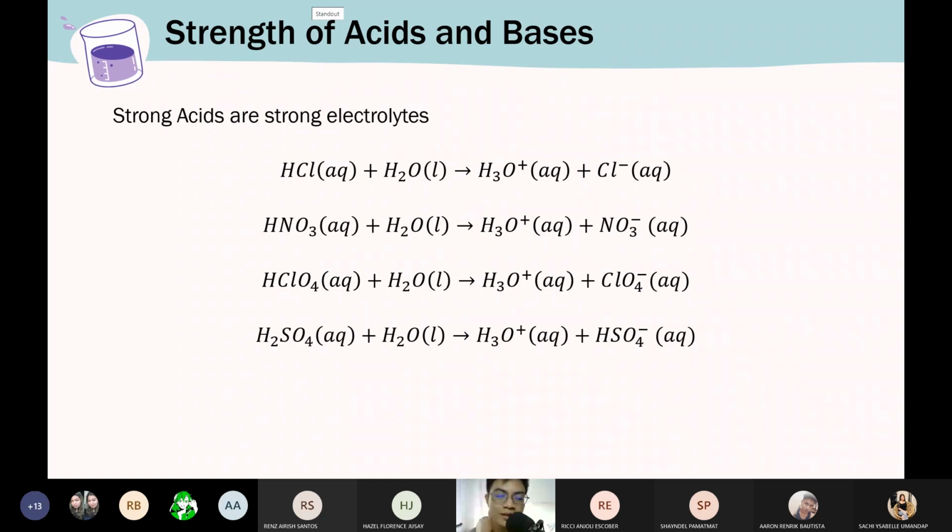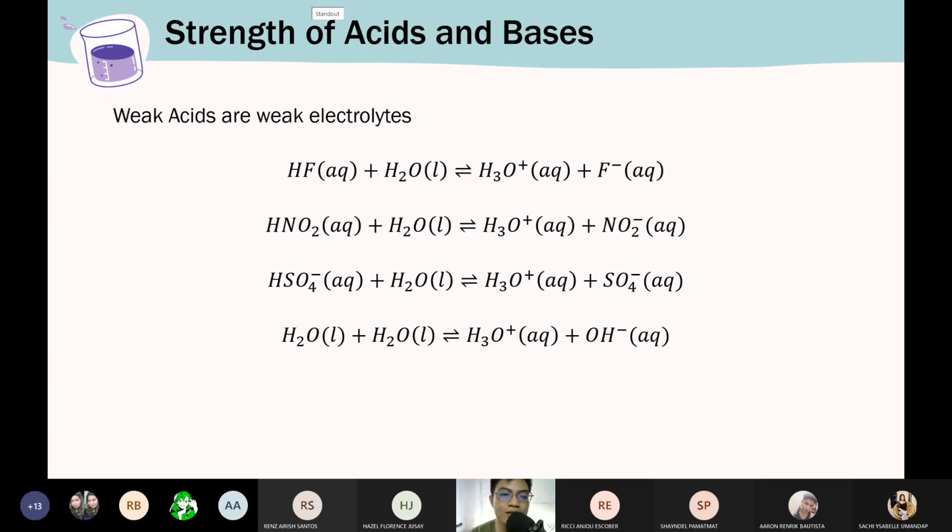Meron pang tinatawag na super acids, but they don't serve practical use naman. So, it's not worth mentioning. Okay? Wala naman silang ganap sa buhay. For weak acids naman, as you can see, all of them are governed by equilibrium arrow.